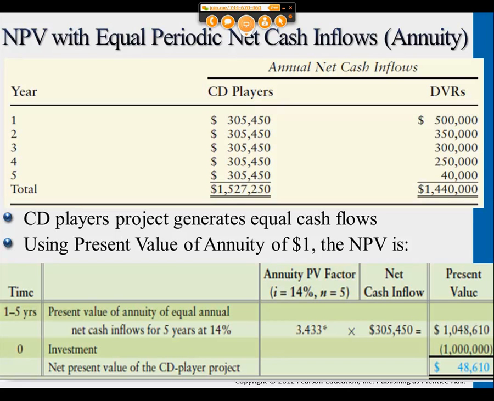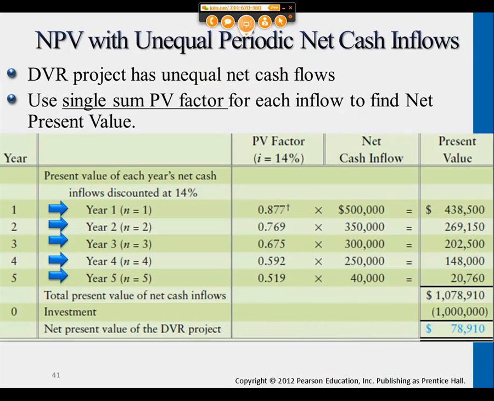Okay, so let's look at what I am going to do with the right side. So the difference between the first and the second, like I noted, was that the first one had the same payments year after year for 5 years, right? But that's not the picture with the DVR.